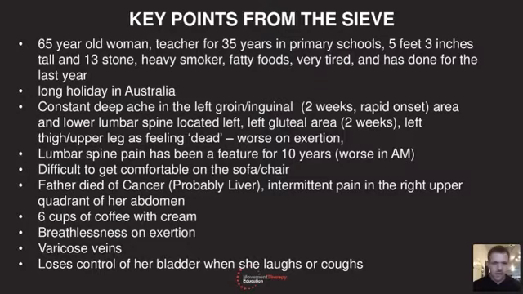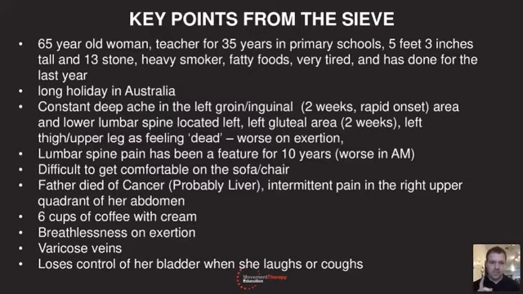Okay, so we've also got a bit of a curveball thrown in. So father died of cancer, and it was probably liver cancer from the description, because she said that he had yellow skin, so had jaundice. So it's pointing towards liver cancer. So maybe she has it as well, potentially.